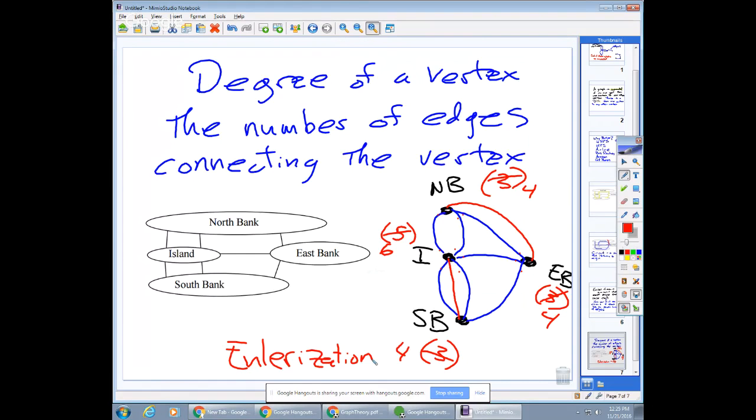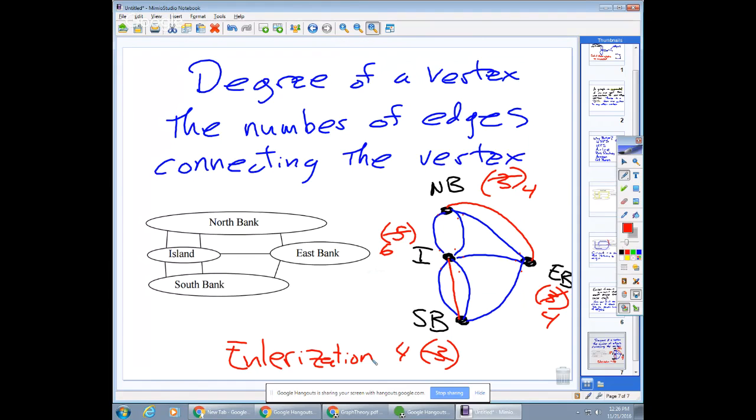So an Euler circuit means, for example, starting at the north bank, get back to the north bank using every edge once each. That's a bonus for Wednesday. Okay, so we'll come back to that later.